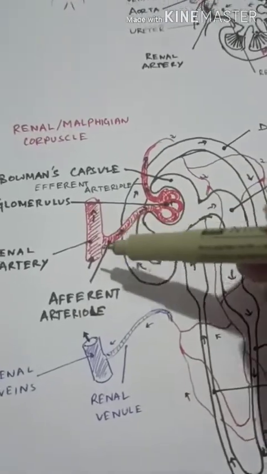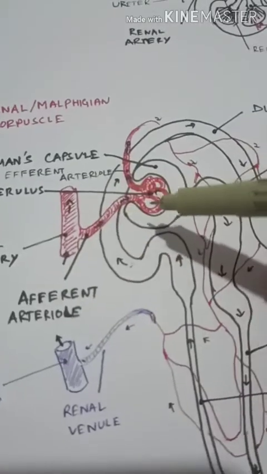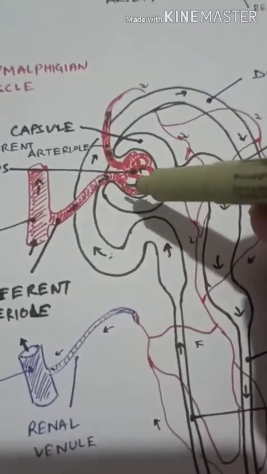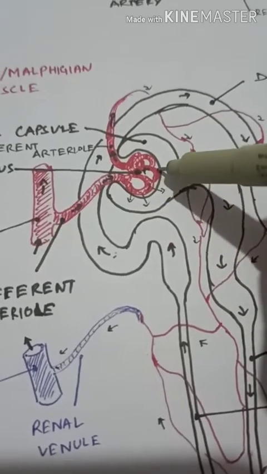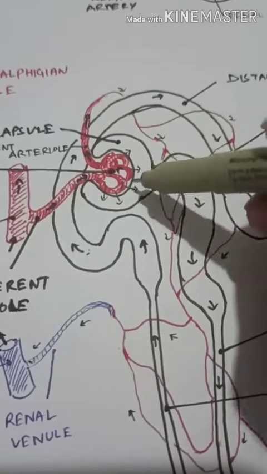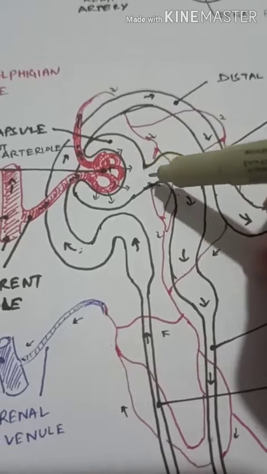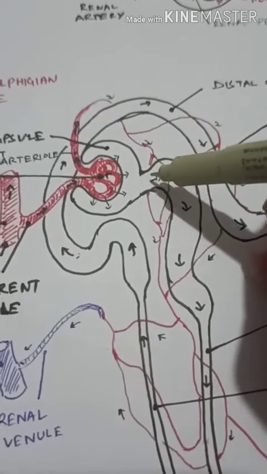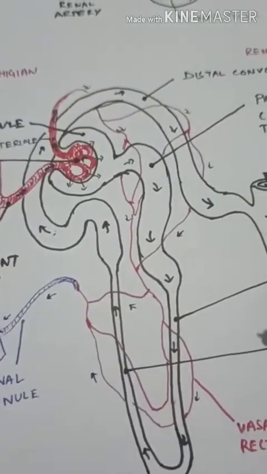Means when the blood carrying all the waste comes right here, all this waste comes out from this particular place into the glomerulus, from the glomerulus into the Bowman's capsule. When it comes into the Bowman's capsule, from there the entire thing goes into the renal tubules, this long stretch of renal tubule that is there.